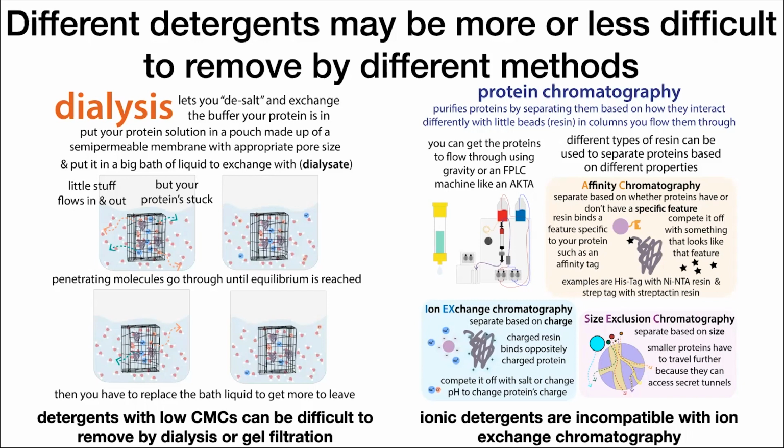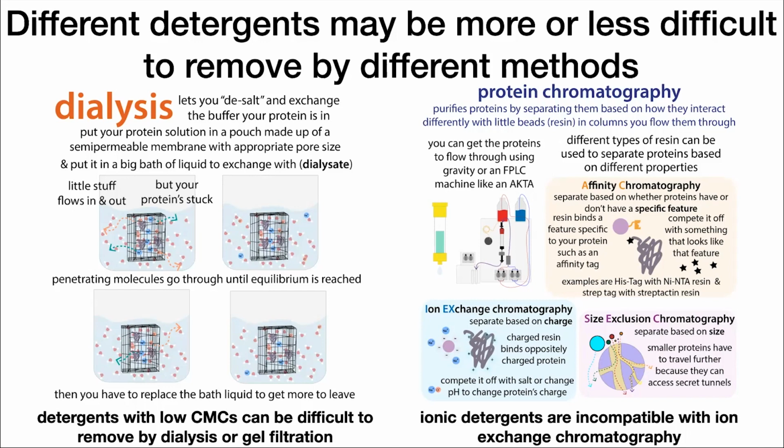And so for something like that, you're not going to want to use a method that relies on those micelles breaking up and dialyzing out, or using size exclusion or something like this, a size-based method where you're going to need those individual monomers to be separated in that form rather than actually trying to remove the micelles themselves.